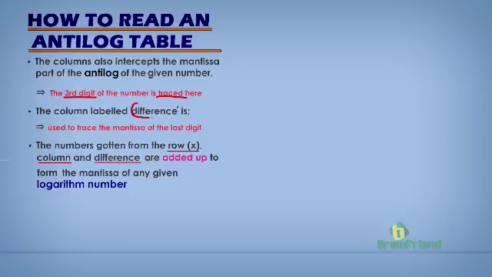The other column, which is named difference within the antilog table, is used to trace the last digit. If we have 4 digits, we say the first 2 digits are traced from the row. The next digit, which is the third digit, is traced from the normal column, while our last digit is traced from the difference column.